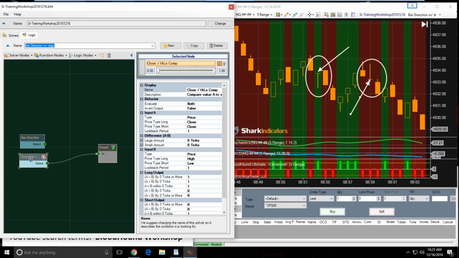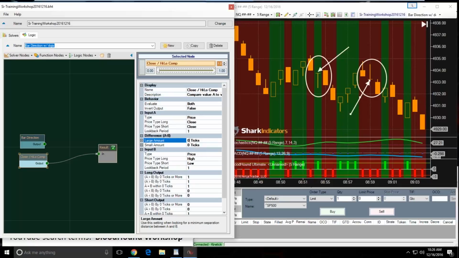And just as a safety precaution, because if you've ever looked at time and sales very closely, there are quite a few instruments that will trade on a tenth of a tick or even a hundredth of a tick. Oil is very notorious for trades coming in at a fraction of a tick.